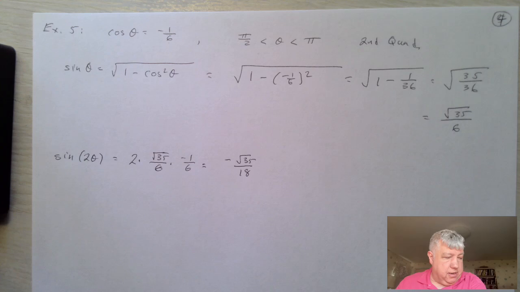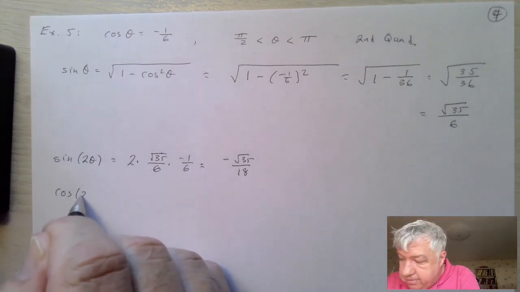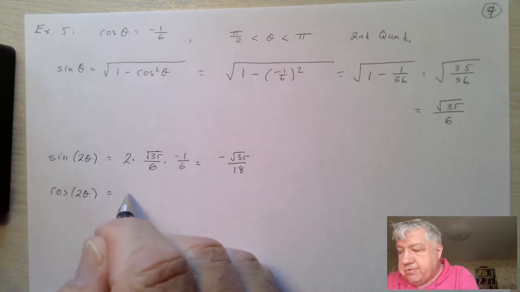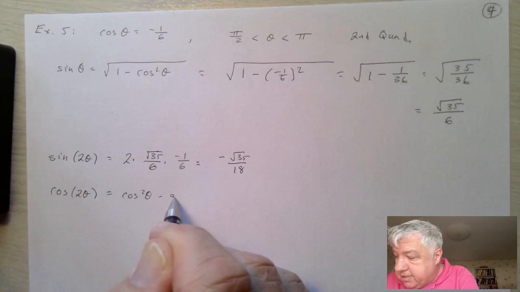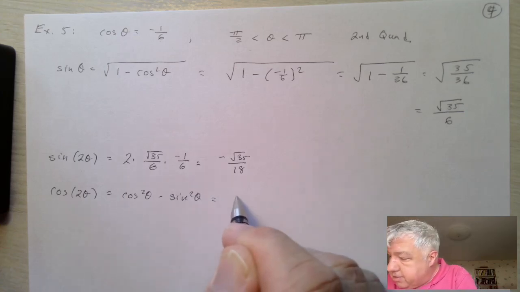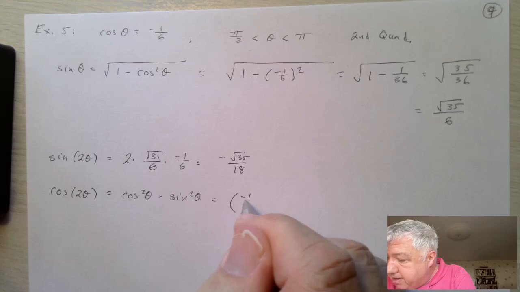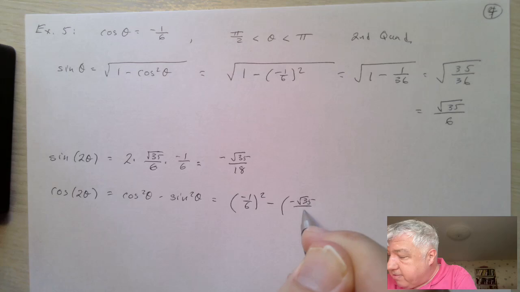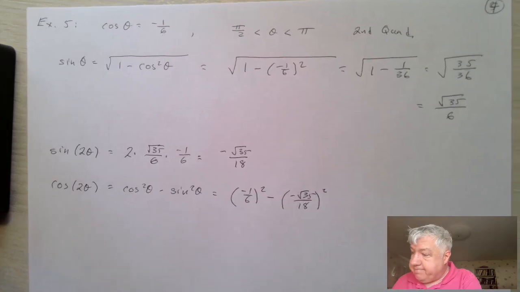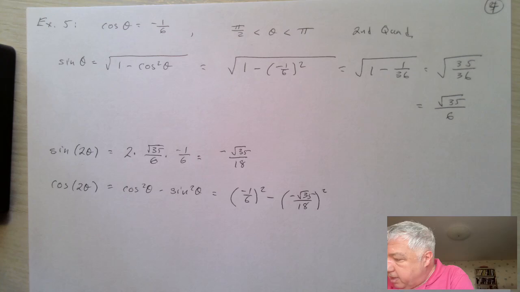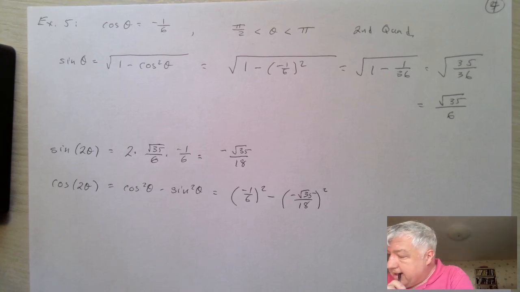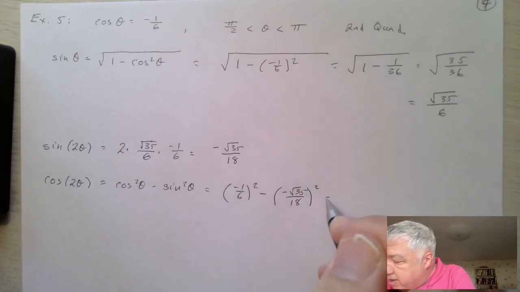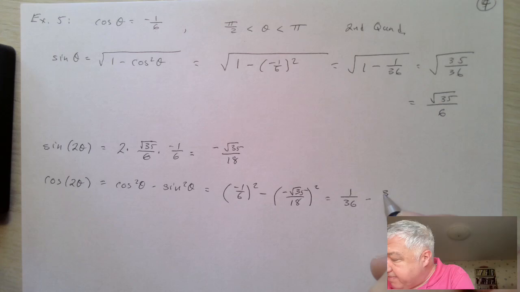Okay, the cosine of 2 theta. We can do this a number of ways, but probably the easiest way is to write this as the cosine squared of theta minus the sine squared of theta. So this will be negative 1/6 squared minus negative square root 35 over 6 squared.